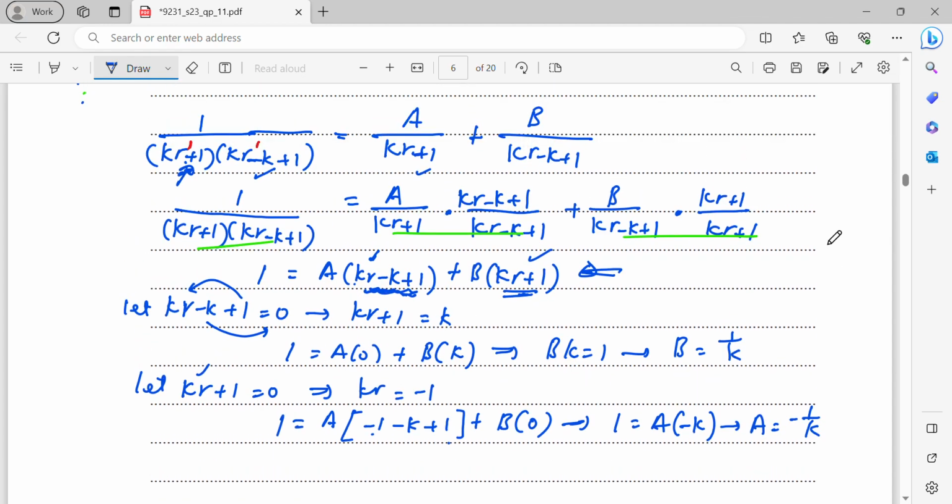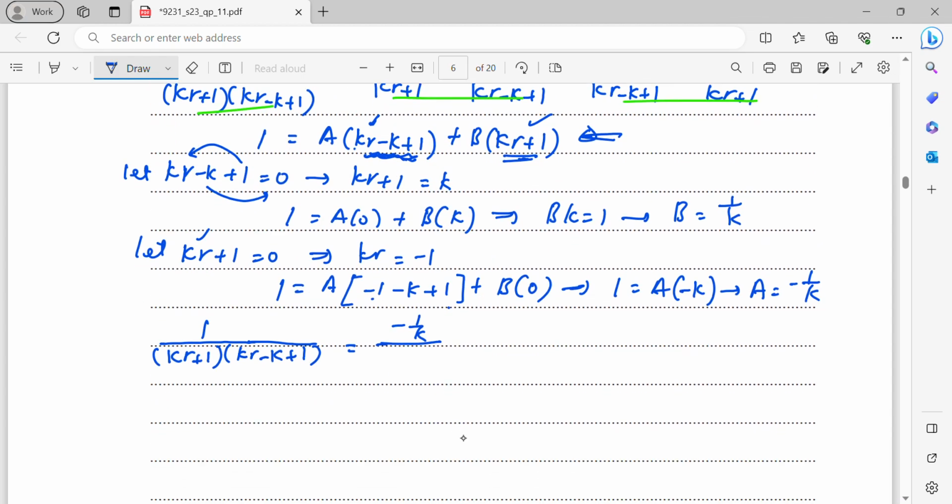Okay, so once we have found the constants, just replace the values in the partial fractions. So I will rewrite the rational function. Now please do not write negative 1 over k then over kr plus 1. We will just factorize the negative 1 over k.